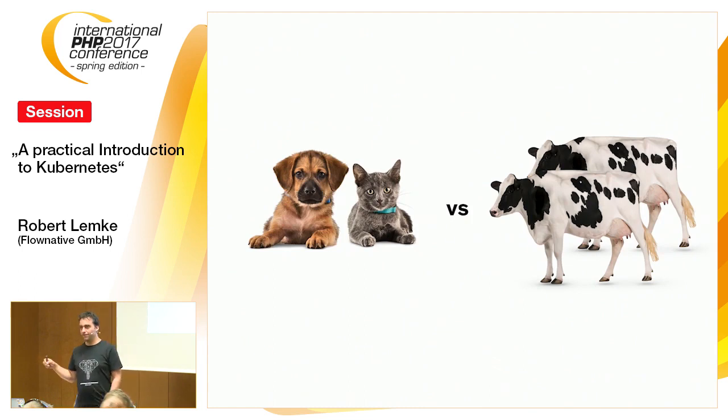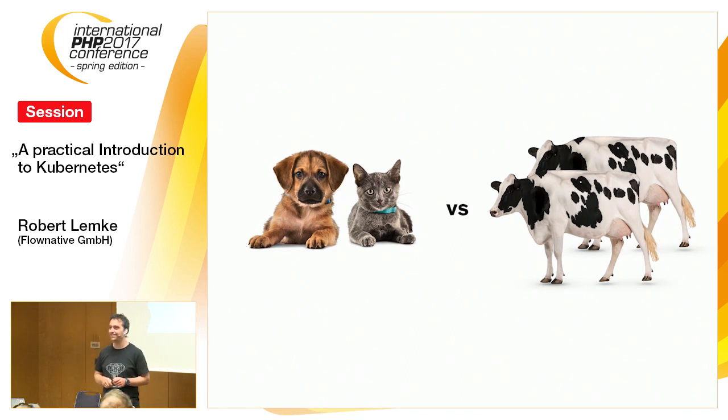And that is a slide from last year, and I wondered if I should still keep it. There's something called Artisanal Infrastructure, that's the nicer name. Previously it was called the pets versus cattle paradigm. Anyone heard of that?